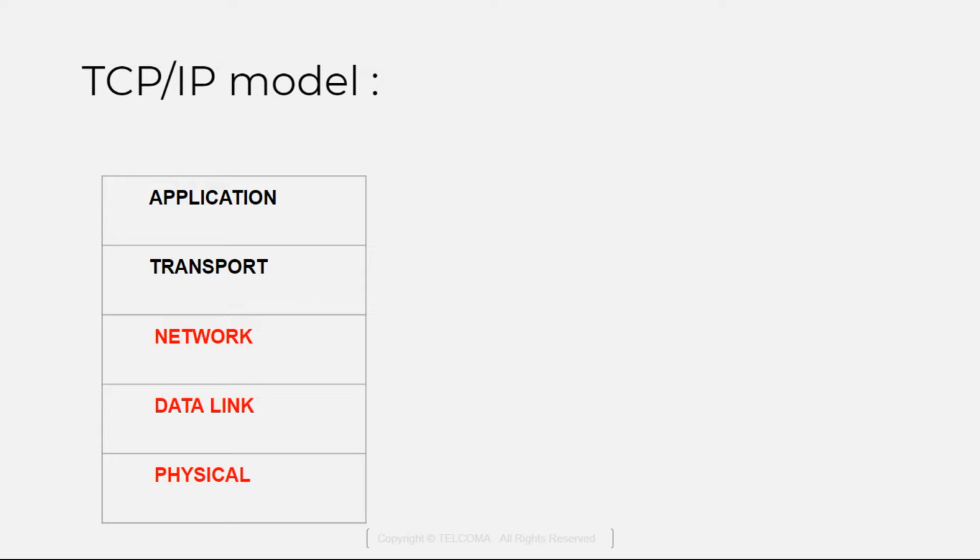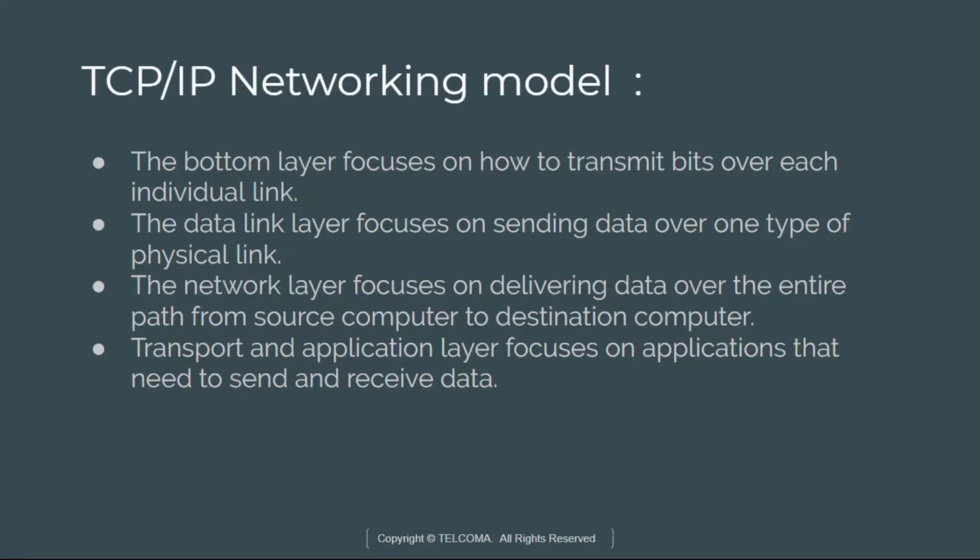This is the networking model of TCP/IP. TCP is Transmission Control Protocol. IP is Internet Protocol. This model creates a set of rules that allow us to take the computer, plug in the right cables, turn it on, connect and use the network.